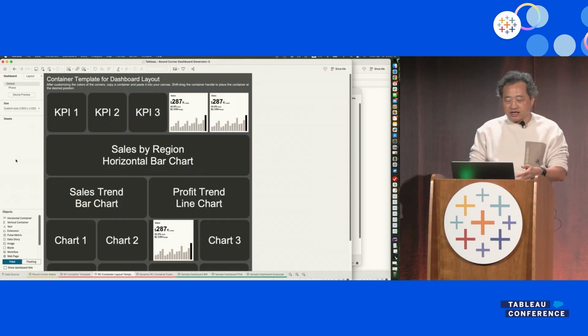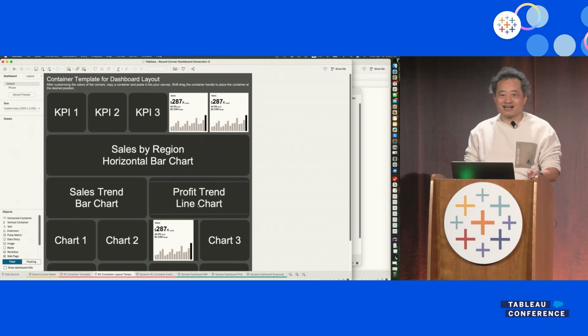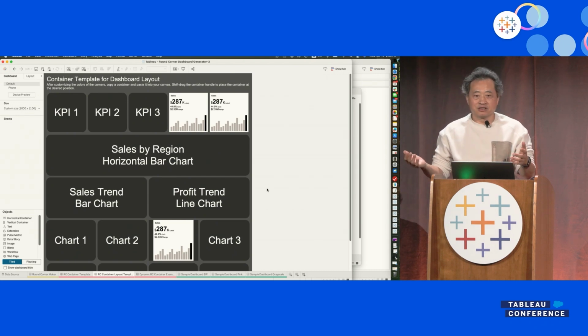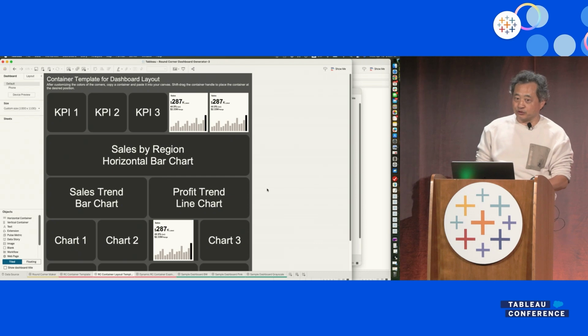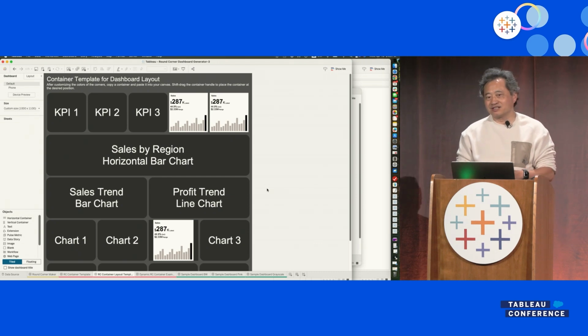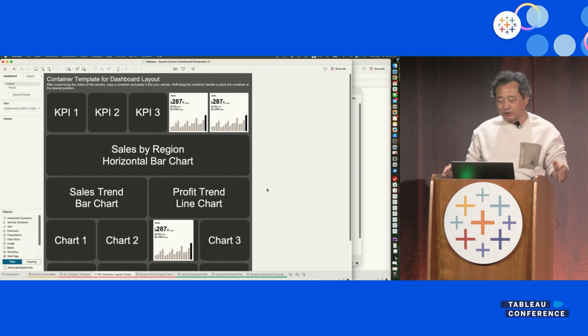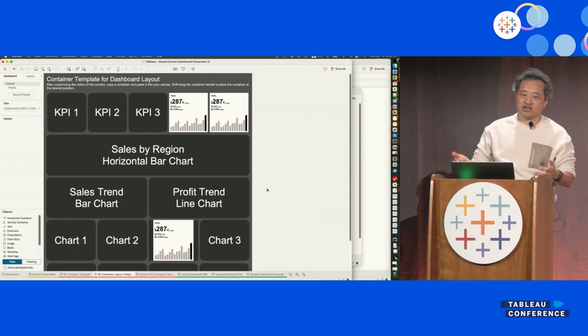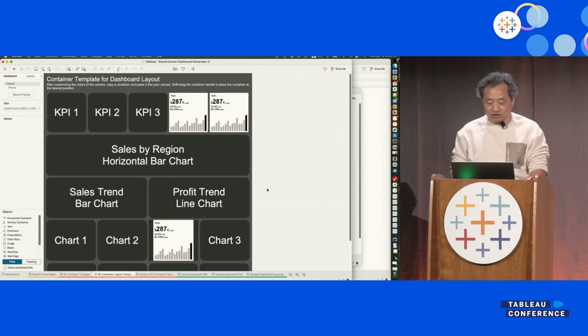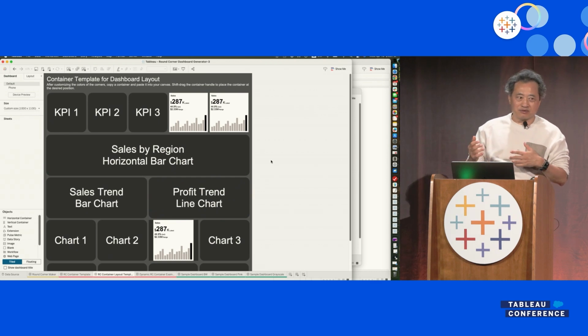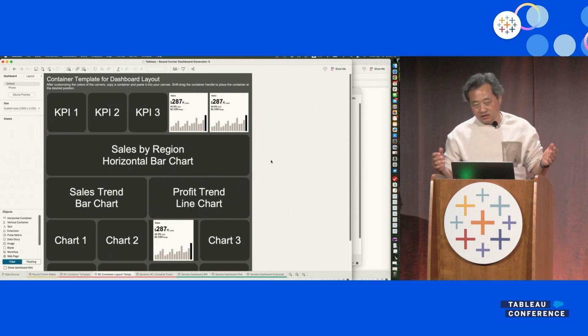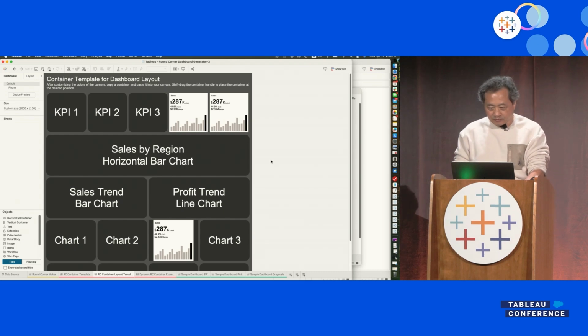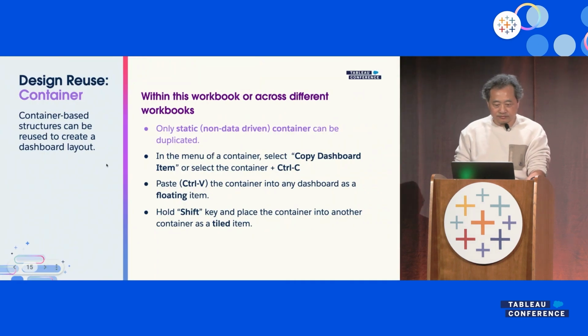This way I can copy whatever element is already in my template dashboard and copy it over to whatever workbook I would like to build my first draft of a potential dashboard, and start engaging with stakeholders, and then maybe do wireframing and implementation, etc. Okay, that's about how to reuse a container.